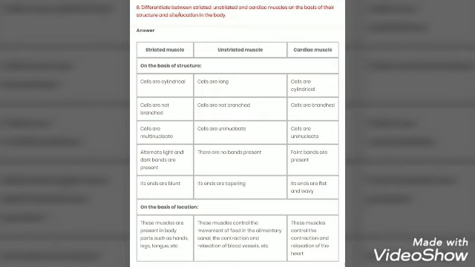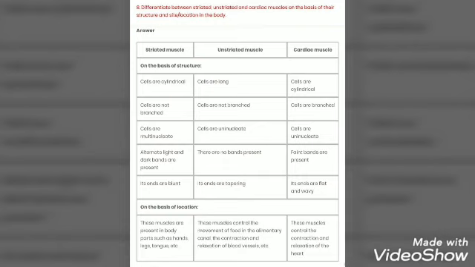These are unbranched muscles. What about the shape and structure of unstriated muscles? These are long and tapering. Also, they are unbranched and the dark and light bands are absent in them.